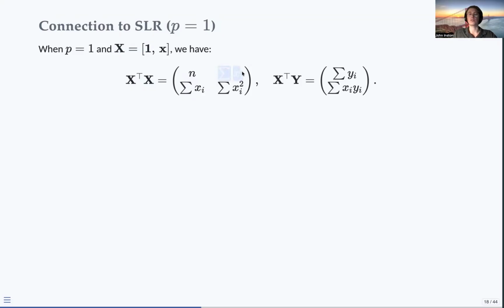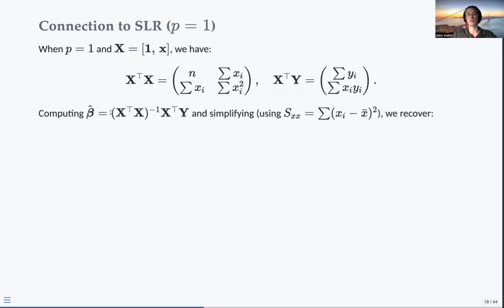Similarly, you can see the same expression coming through: the sum of the x's, each one of them times 1, the sum of the x's times 1, the sum of the x's squared. Same with x transpose y. And then when we do this computation with x transpose x inverted and x transpose y, we get the familiar expressions that we found previously.